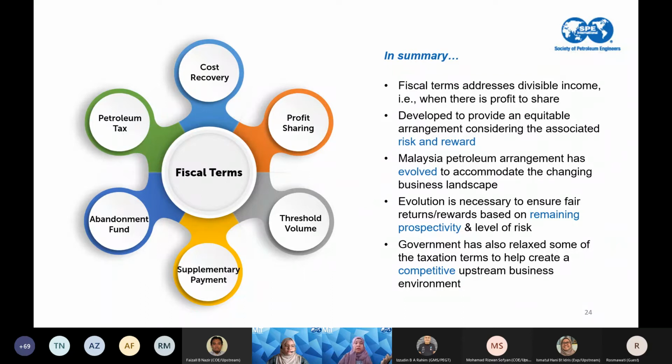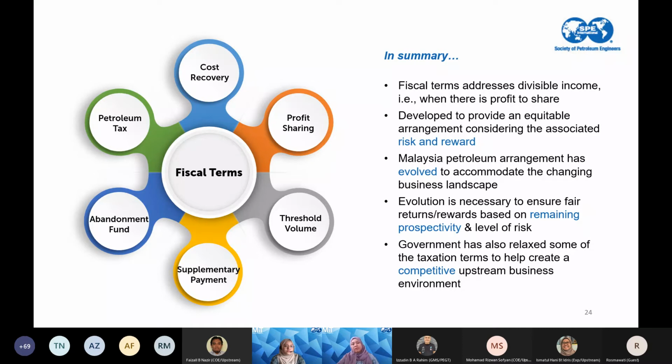We used to find fields in the hundreds of millions of barrels, and then it became tens of millions of barrels, and now we're concerned about assets nearing end of field life. So evolution is necessary to ensure that rewards are shared equitably, and also to address the level of risk in each particular investment.